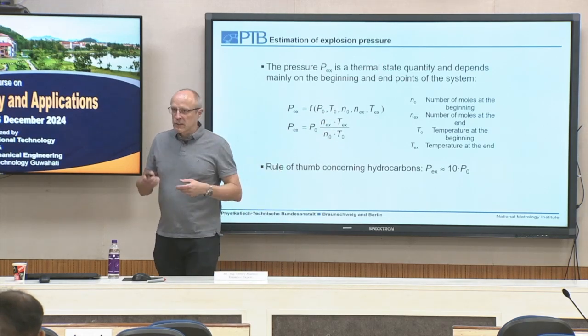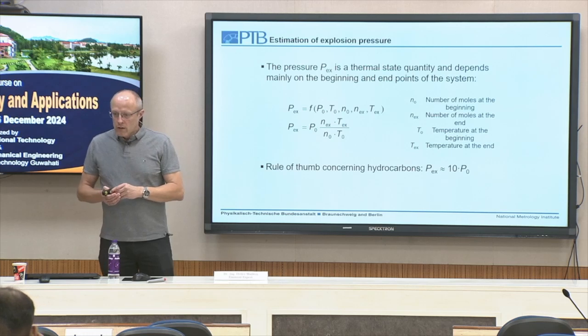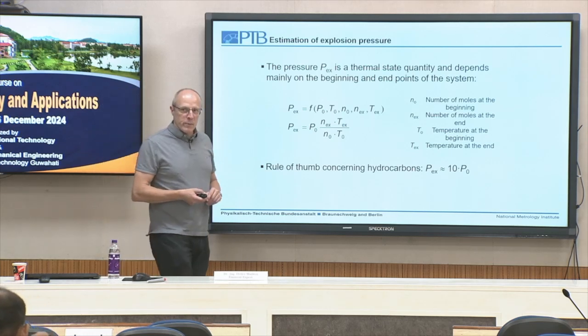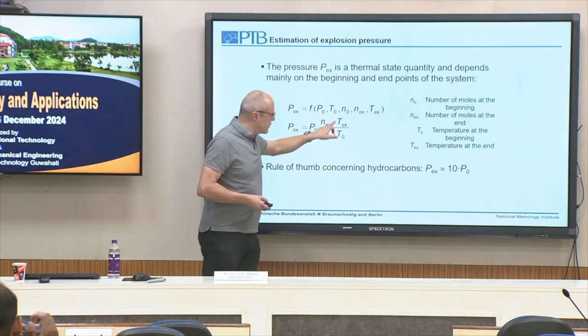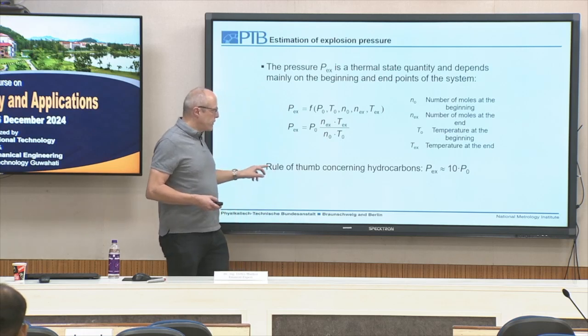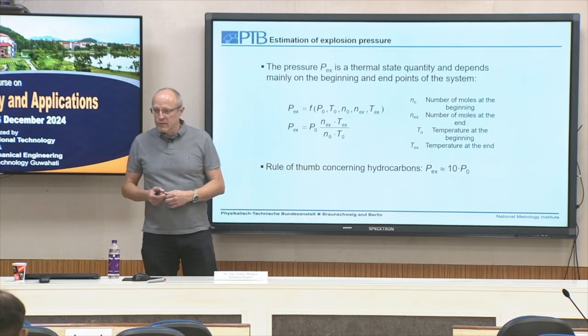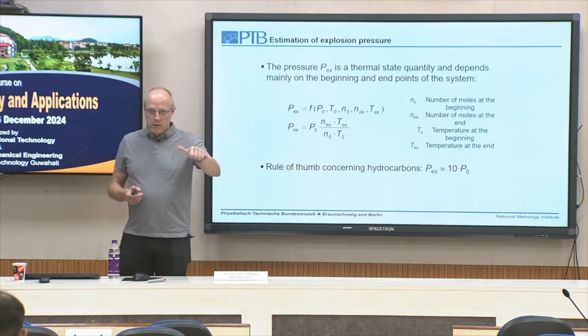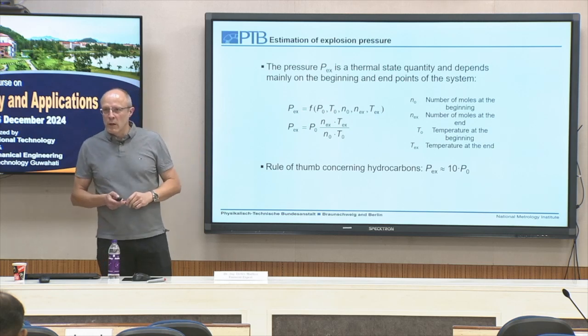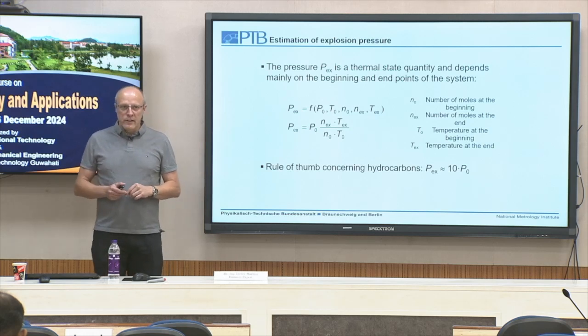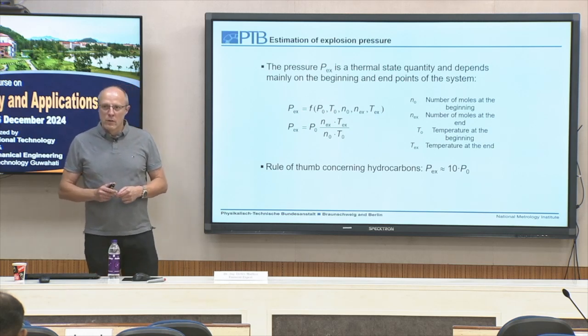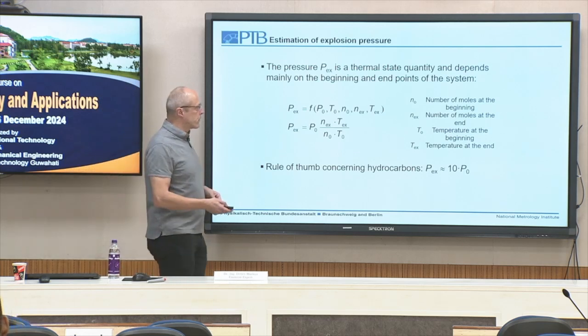And for most hydrocarbons we have a change in a factor of 7 with respect to temperature, which is the dominant factor here. So there's a rule of thumb concerning most hydrocarbons: the explosion pressure we will have is around 10 times the initial pressure. So we are here, of course, then on the safe side.